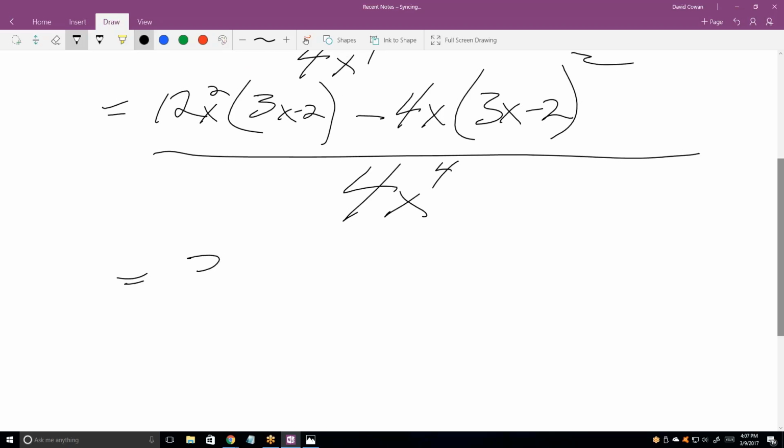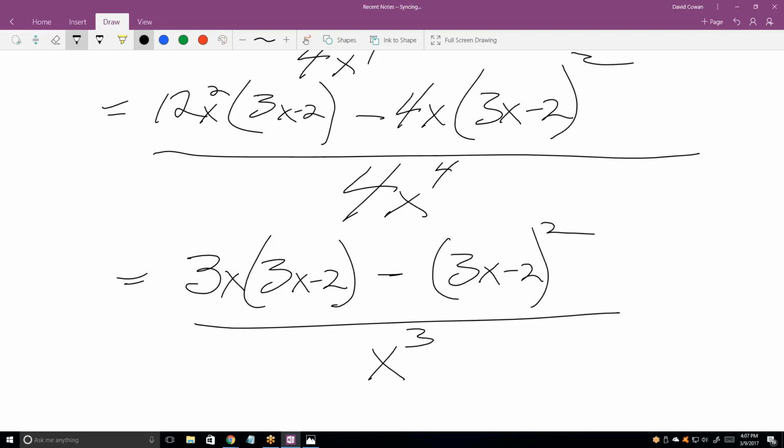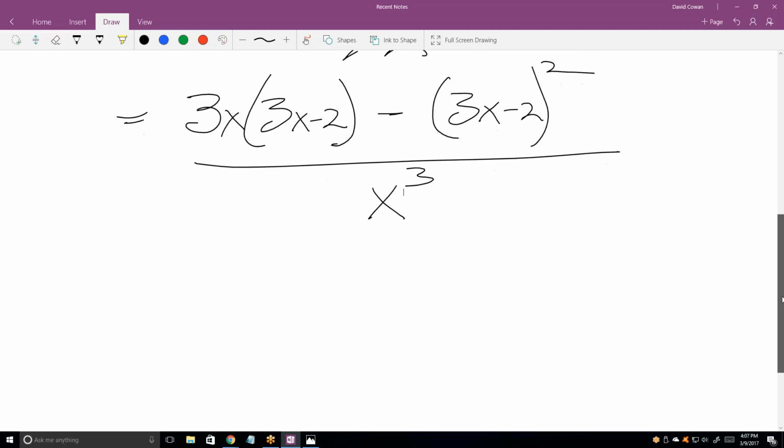What that gives me is 3x instead of 12x squared, still times 3x minus 2, minus, we divided by 4x, so this just becomes 3x minus 2 squared. And when I divide the bottom by 4x, I get x cubed. Okay. So I'm simplifying it gradually.